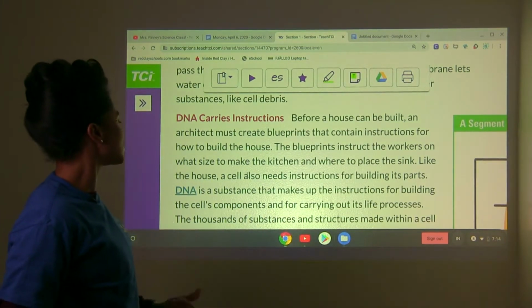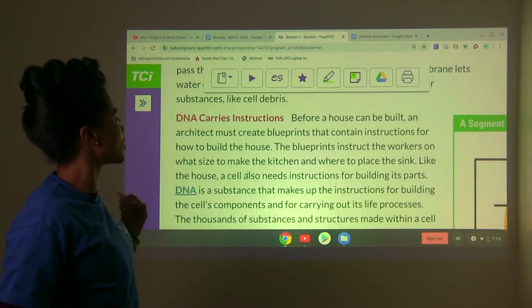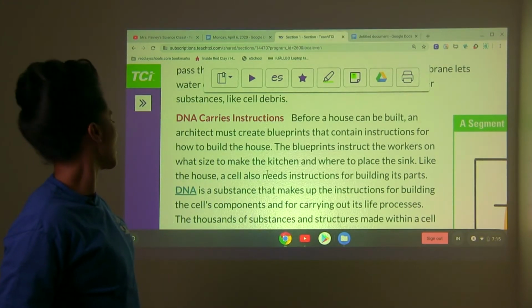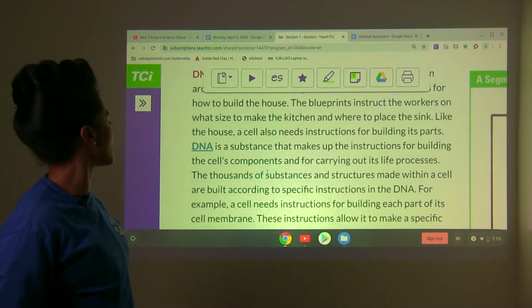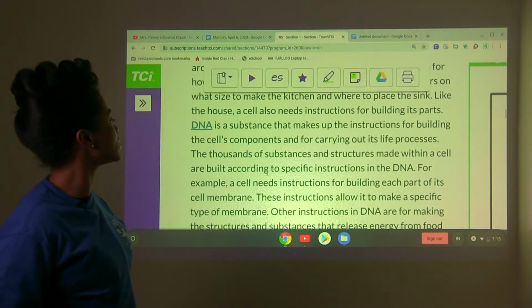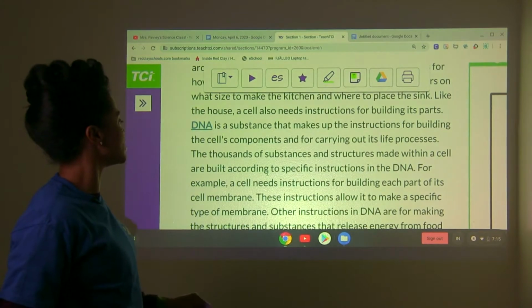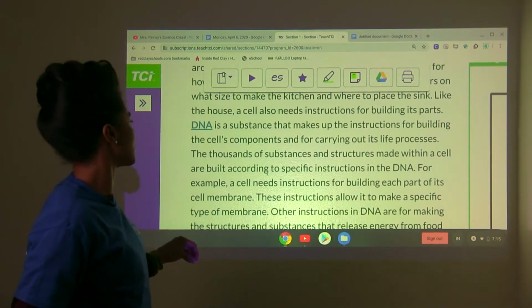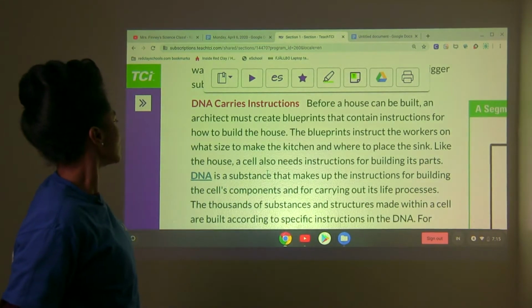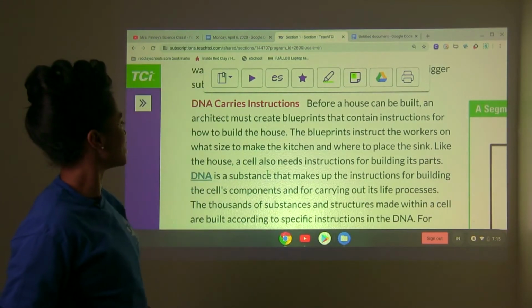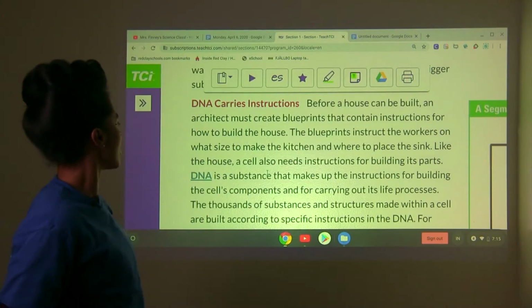Like the house, a cell also needs instructions for building its parts. DNA is a substance that makes up the instructions for building the cell's components and for carrying out its life processes. So, this is like the architect must create blueprints that contain instructions for how to build the house.